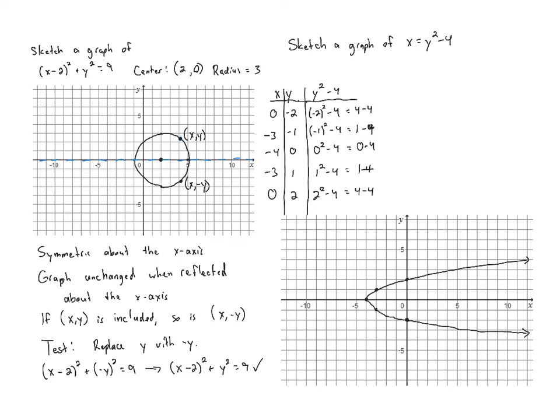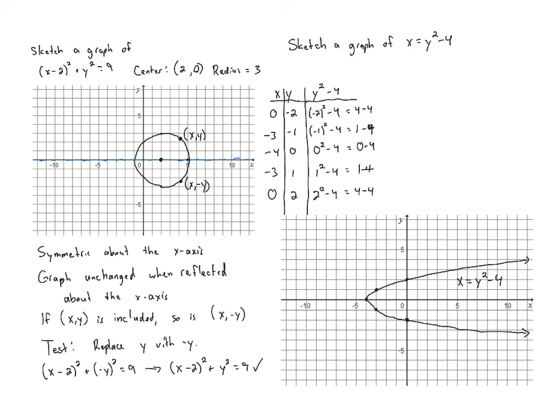We have a parabola now, but the parabola isn't opening upwards or downwards. It's opening to the right, and that's because instead of y equals x squared plus something, we've got x equals y squared. And that changes the orientation of the parabola.